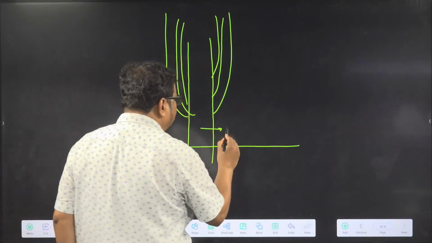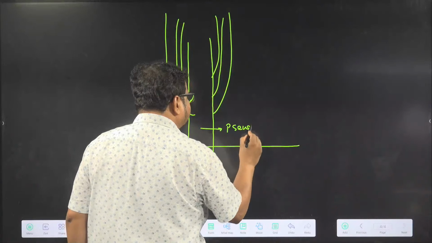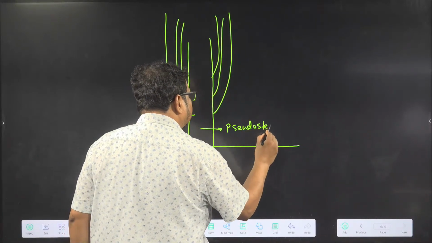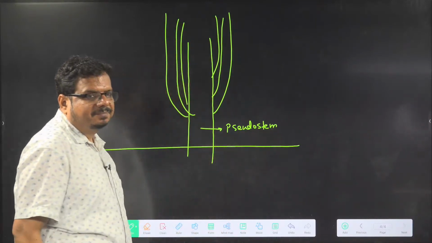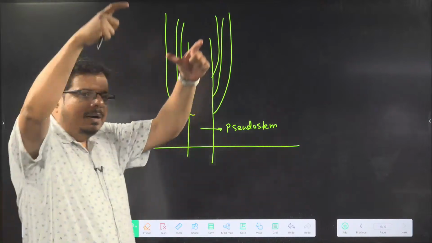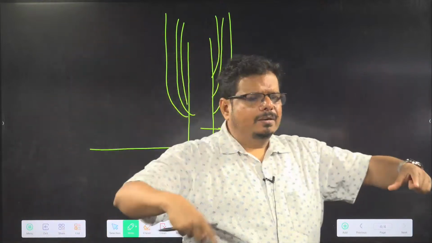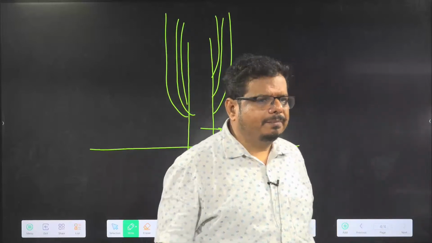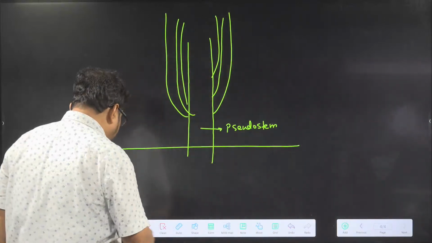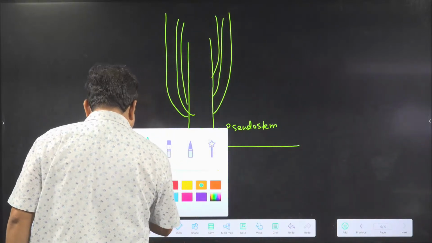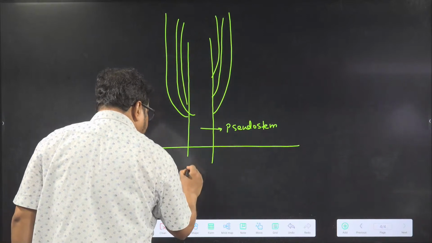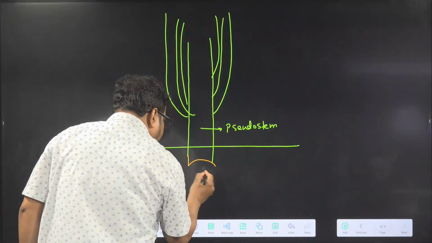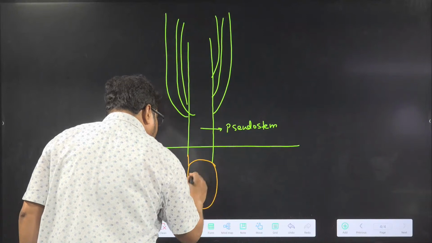The upper part, the green cylindrical part, is the pseudo stem; it is not the true stem. Underground, the main stem is there, and this main stem is the rhizome.